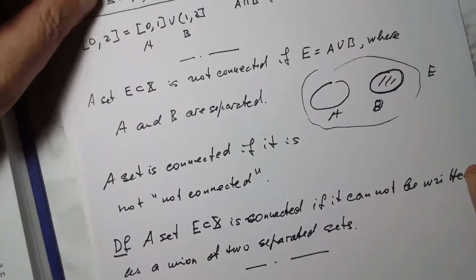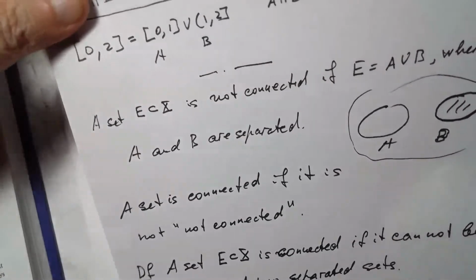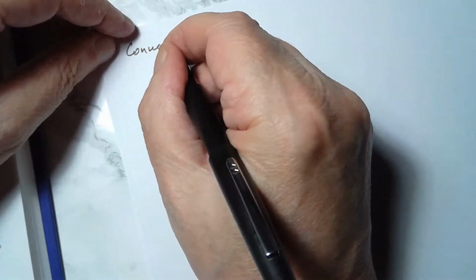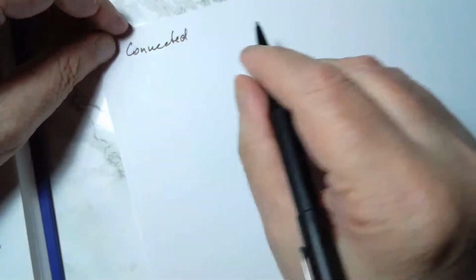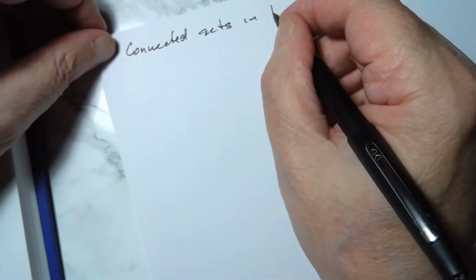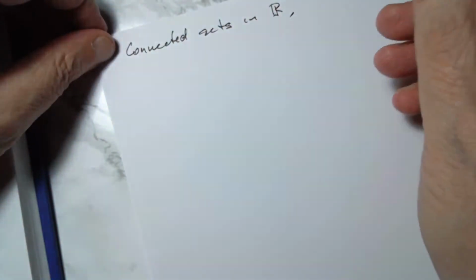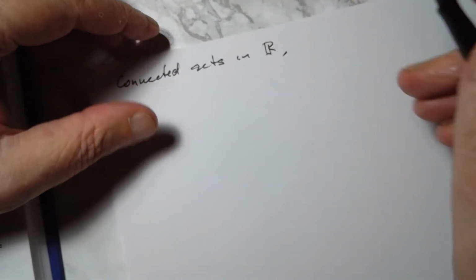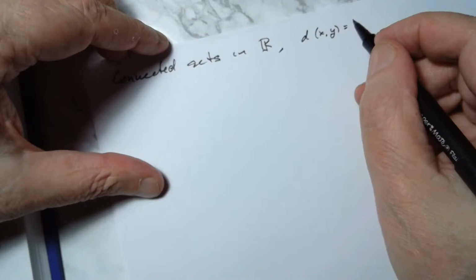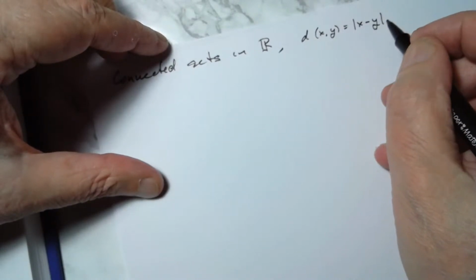Okay, but for now, what I want to do is prove just one theorem, and this is the theorem about connected sets in a particular metric space R. And of course, if I talk about the metric space R, I mean that the distance between two points x and y is equal to |x minus y|, so it's the usual distance.